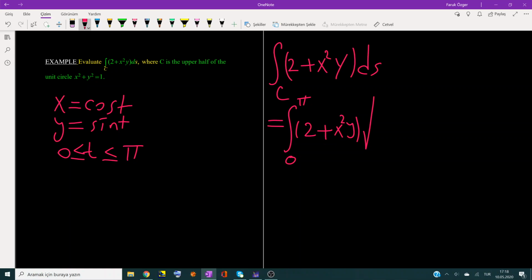x prime square. X is cosine t, x prime is minus sine t. Minus sine t square is sine square t. Sine square t plus, from the formula, y prime square. Y is sine t.